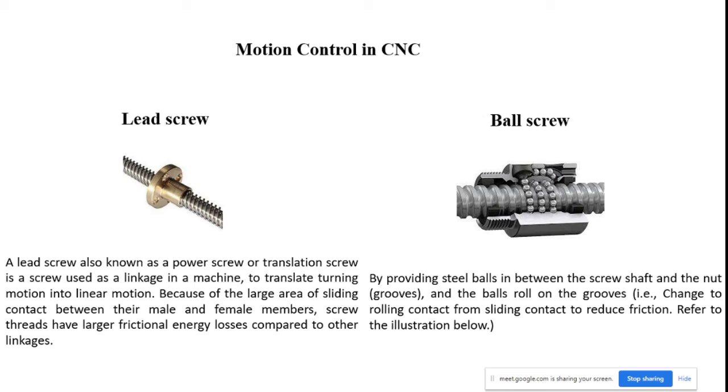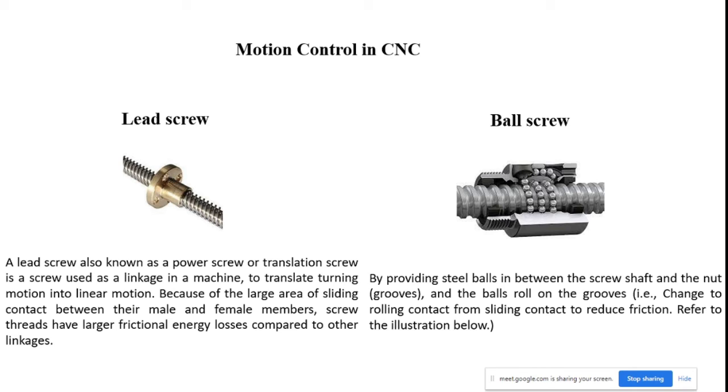Because of the large area of sliding contact between the male and female members, screw threads have larger frictional energy losses compared to other linkages.